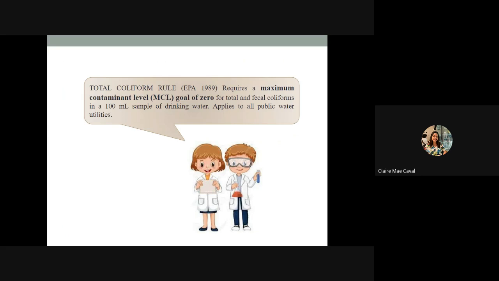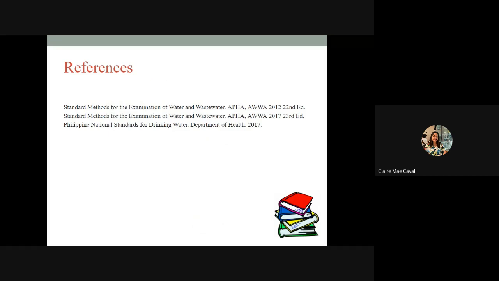Okay, even just one colony forming unit per 100 ml is considered failed already. Okay? So, it should be 0 or no growth. But again, we do not report 0 or no growth. Report it as less than 1 colony forming unit per 100 ml. So, these are again the references that I am using for the membrane filtration technique.